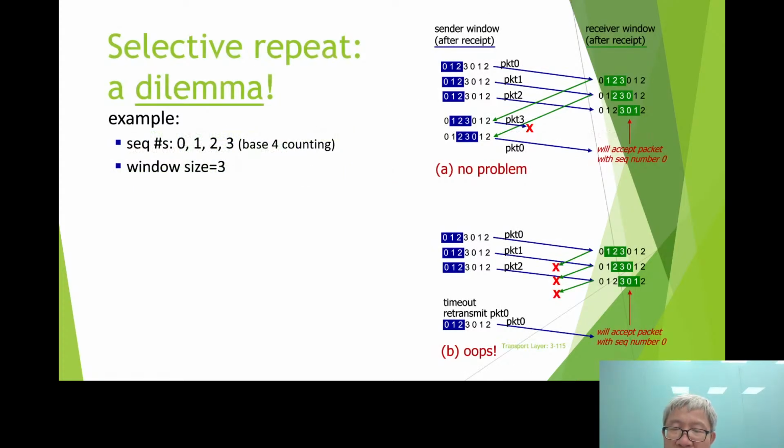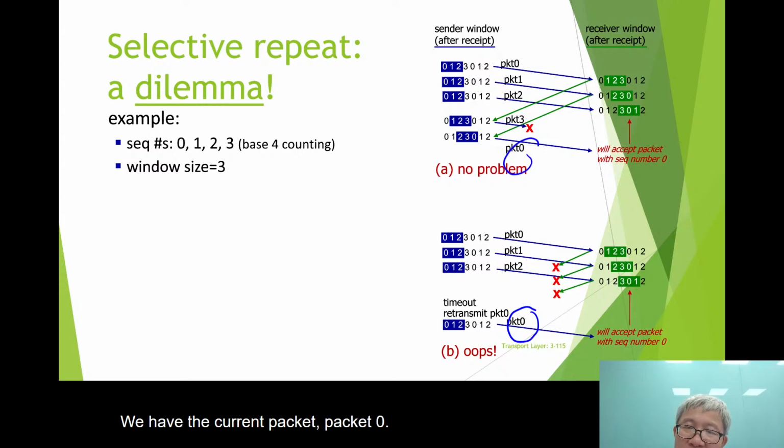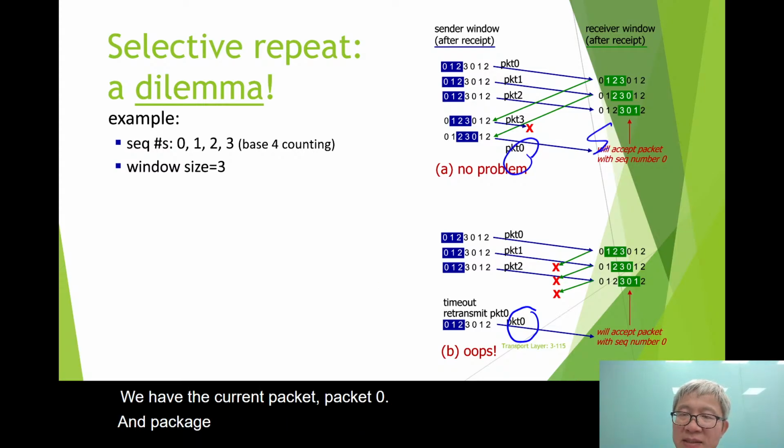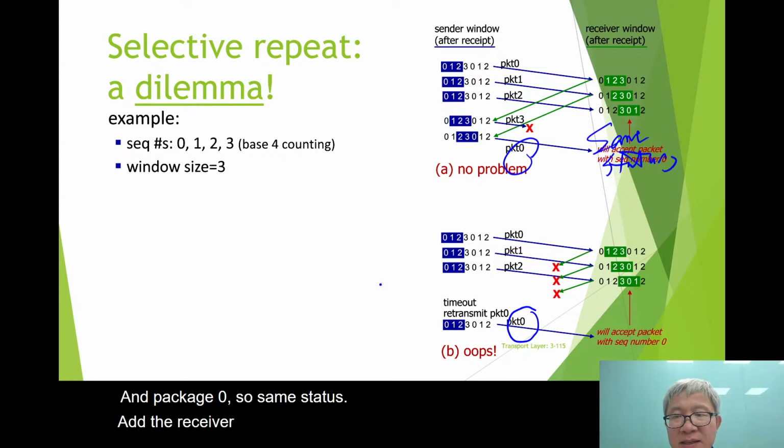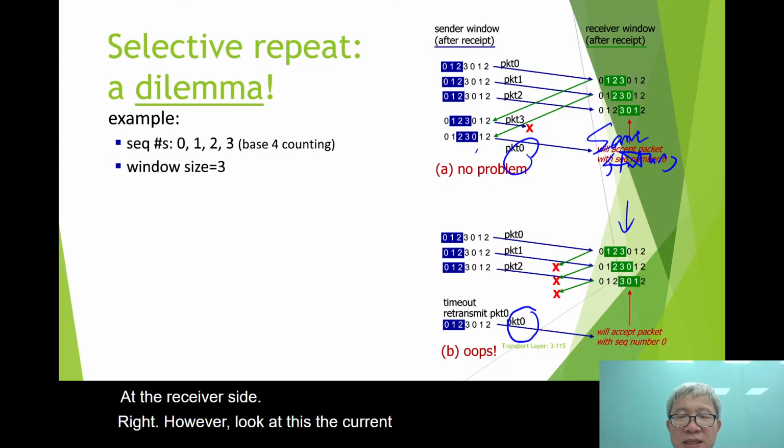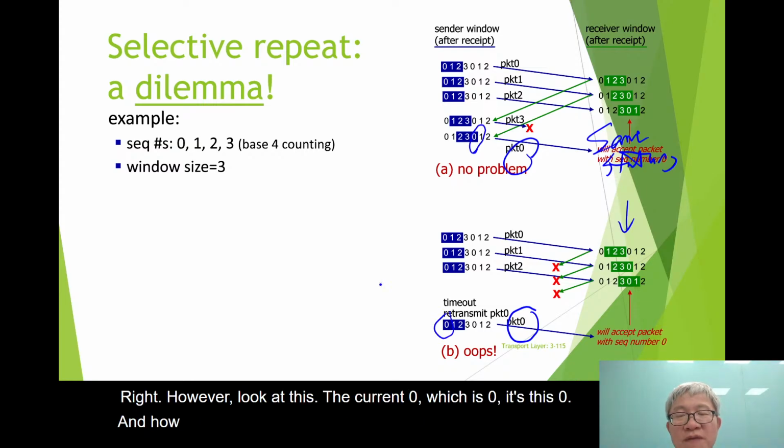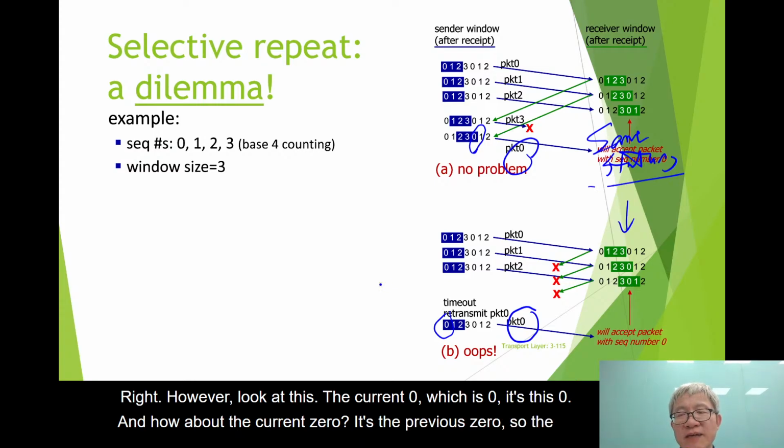We have the current packet, packet 0, and packet 0. So same status at the receiver side, right? However, look at this, the current 0, which 0? It's this 0. And how about the current 0? It's the previous 0. So the two 0s for the receiver side.